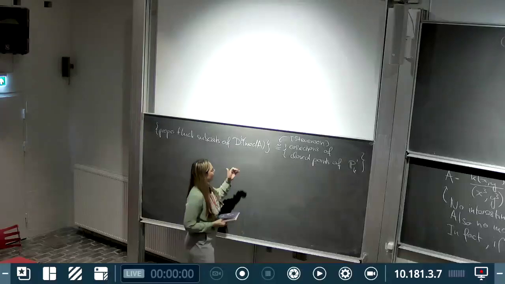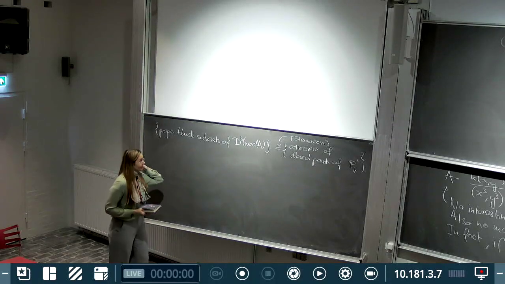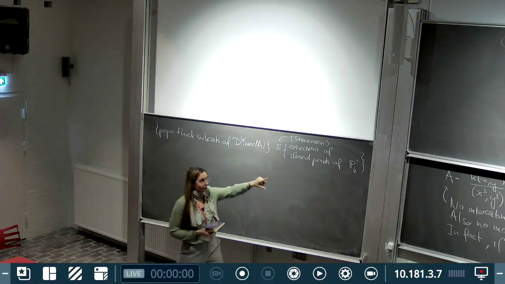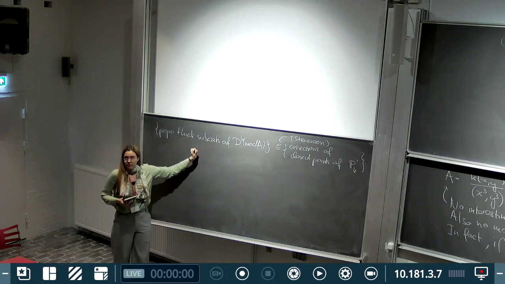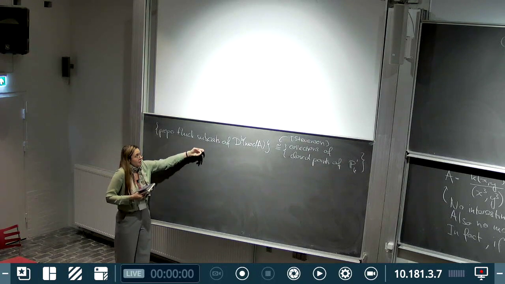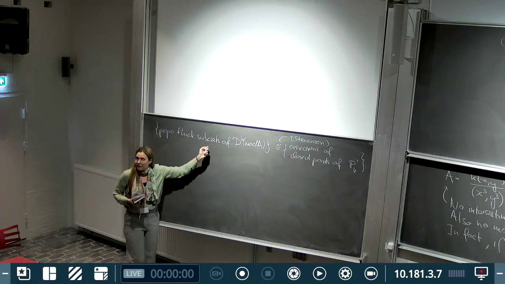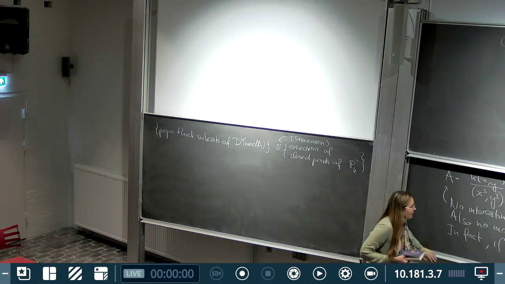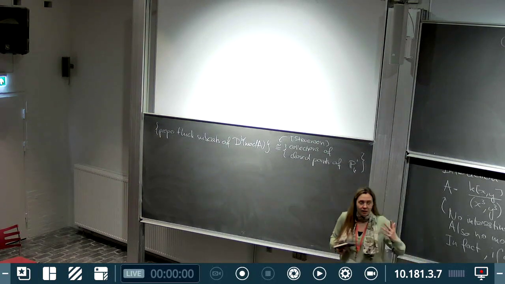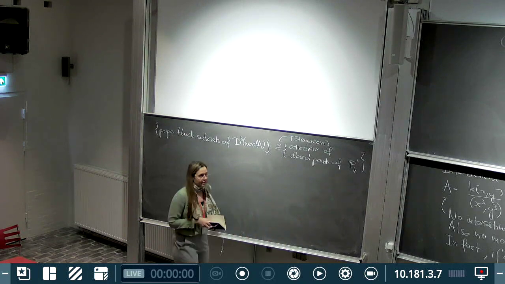Well, we should think of these thick subcategories just as before, right? The sets of stuff we send to 0. So this corresponds to inverting certain maps in D^b mod A. But actually, it corresponds, in some sense, to localizations of a differential graded algebra.